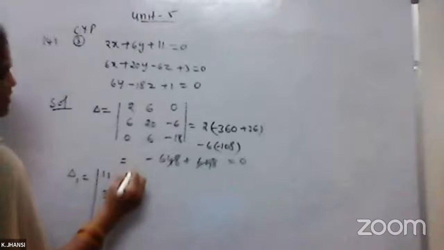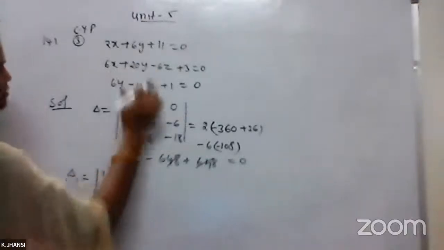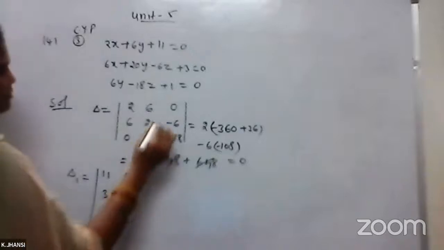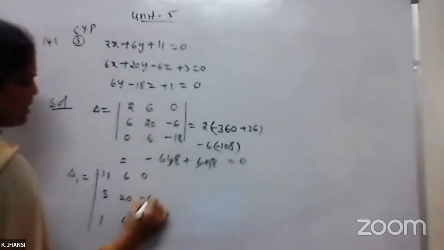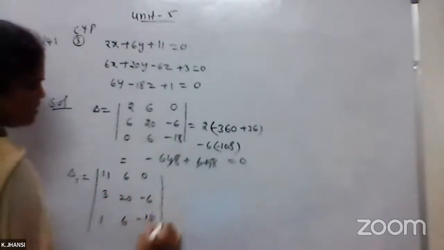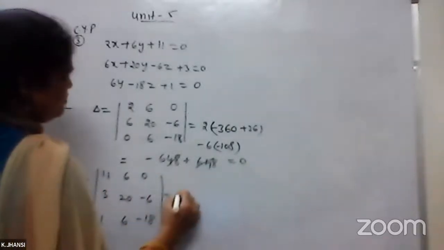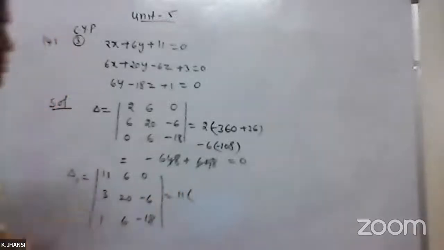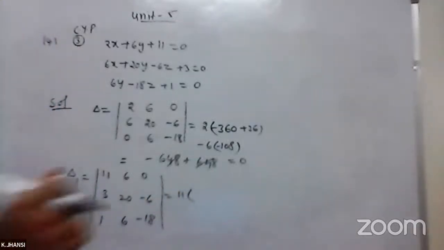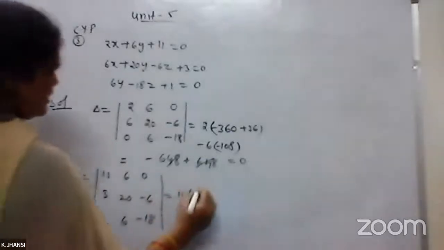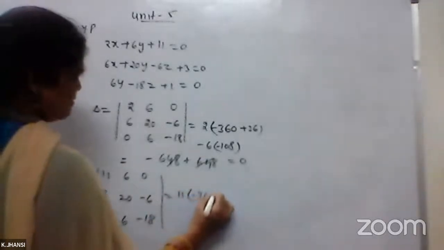Okay. Next we have the y values, 6, 20, 0, minus 6, minus 18. So this is 11 into what we got, 20 into minus 18, minus 360.